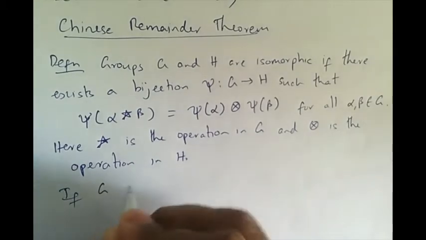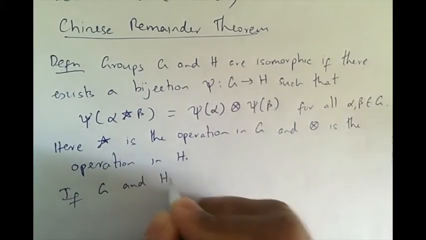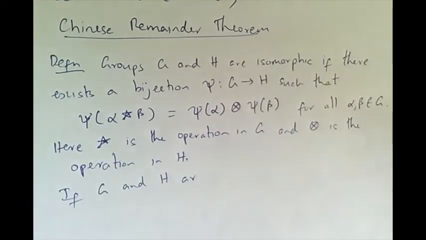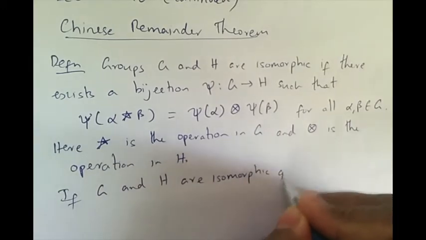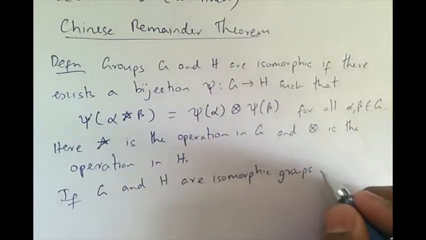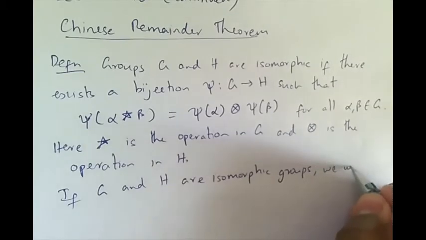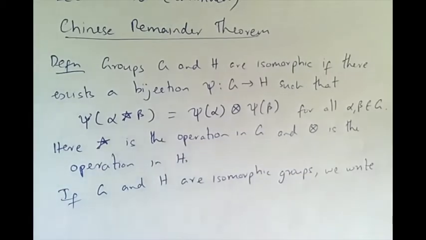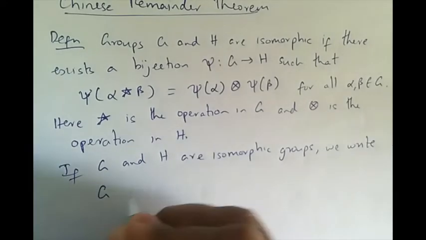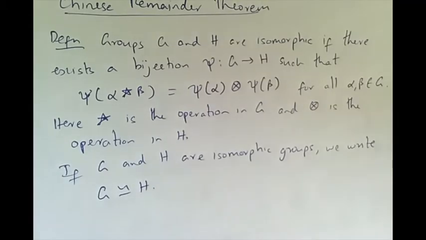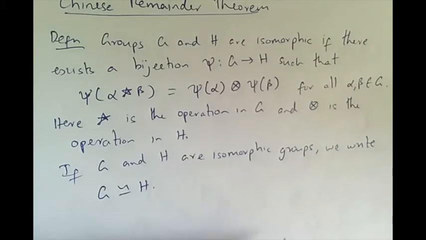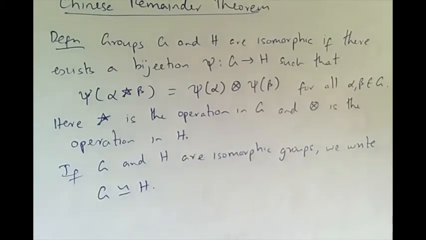If G and H are isomorphic groups, we write G is isomorphic to H. So this is the symbol for the isomorphism. Okay, so this is just the recall of the definition of group isomorphism.